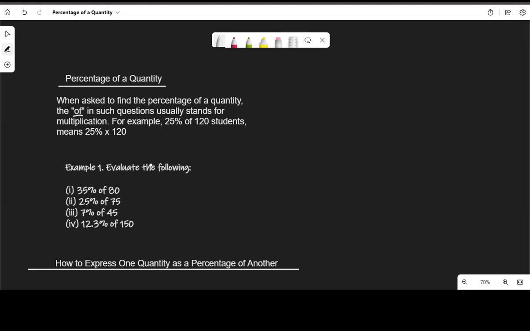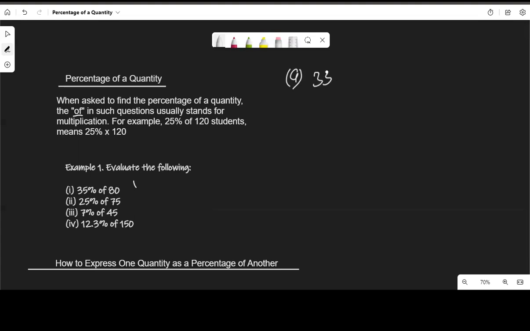We have an example here. Say that evaluate the following: 35% of 80. That is, we have to get the exact quantity. What is 35% of 80? To do that, we said earlier that "of" means multiplication.